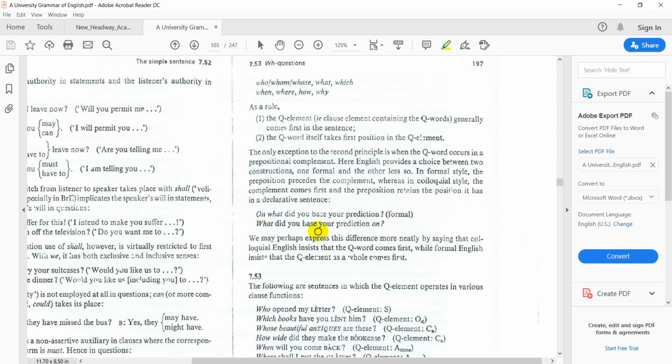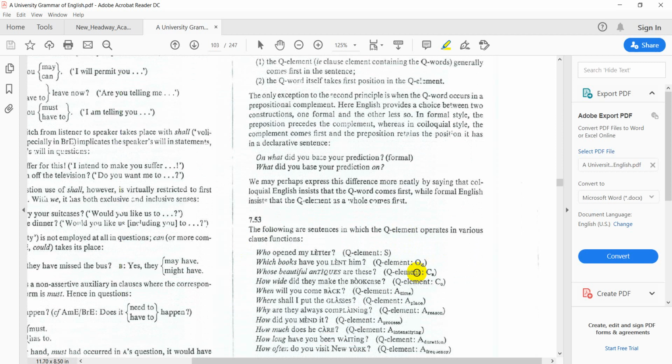So let's have a look at these two sentences. On what did you base your prediction? This is formal. What did you base your prediction on? This is informal. We may perhaps express this difference more neatly by saying that colloquial English insists that the Q word comes first, while formal English insists that the Q element as a whole comes first.